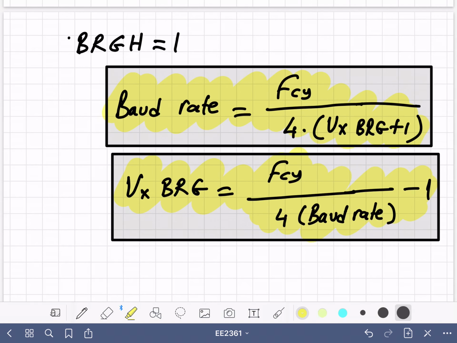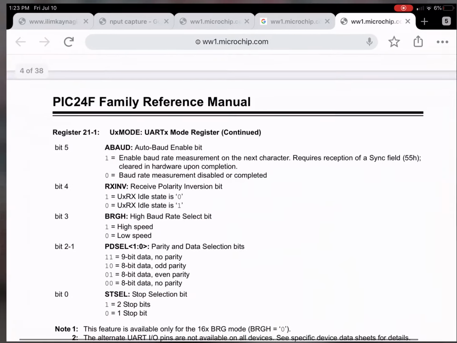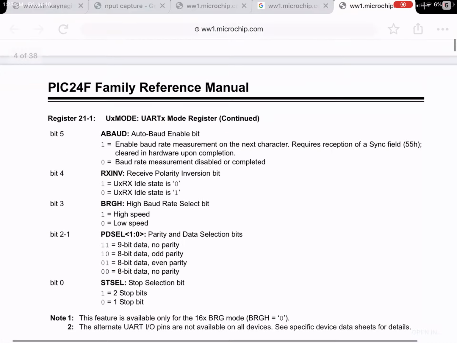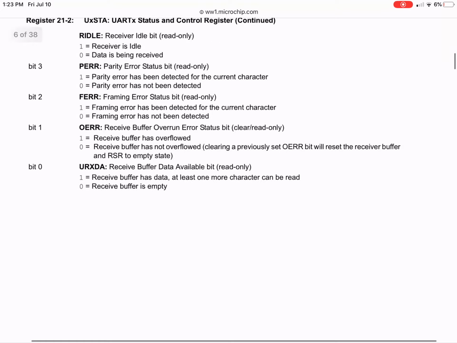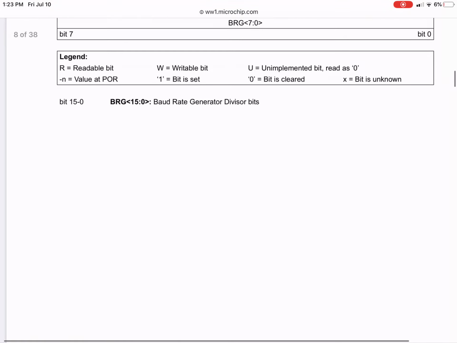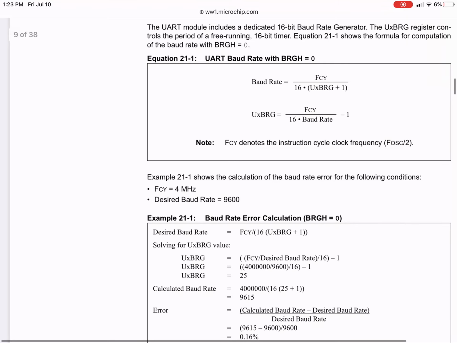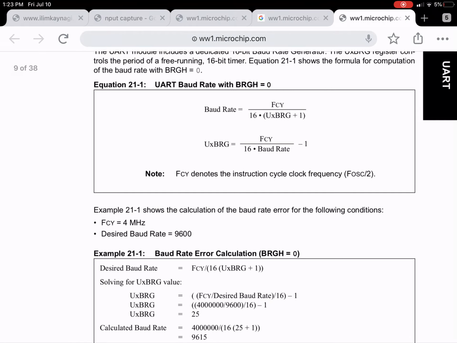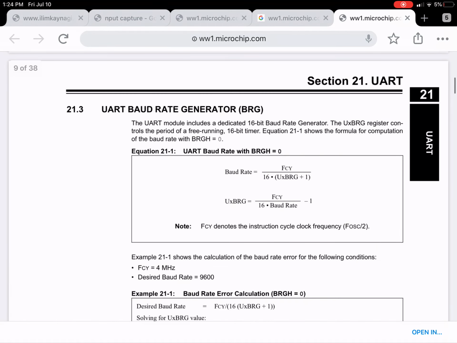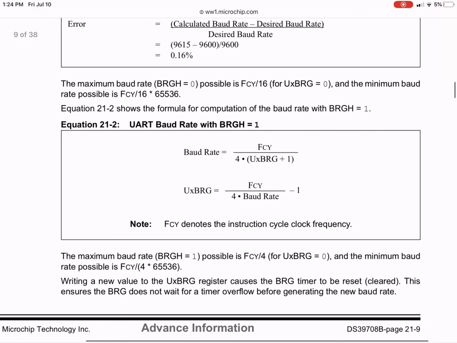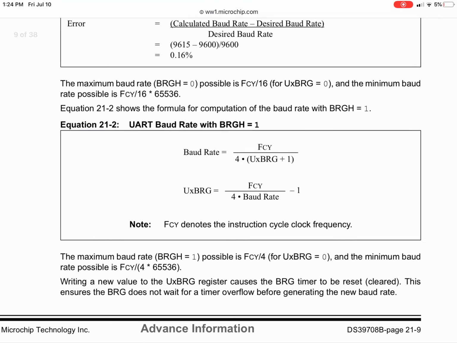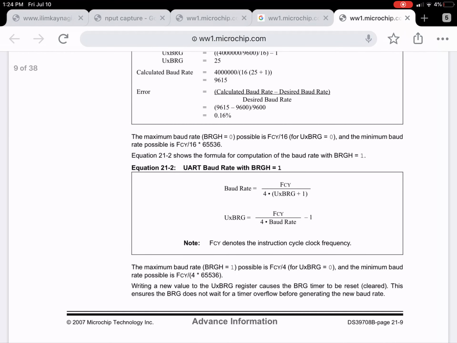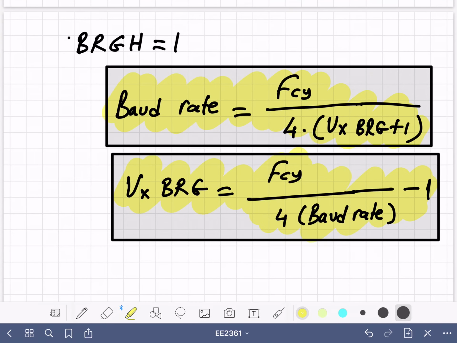You can also see them in the data sheet. I don't have the main data sheet open, but let's see if these formulas are here too. Yeah, here. So the baud rate formula: if BRGH is 0, then you use these formulas, and if BRGH is 1, then you use these formulas. So yeah, let's move on.